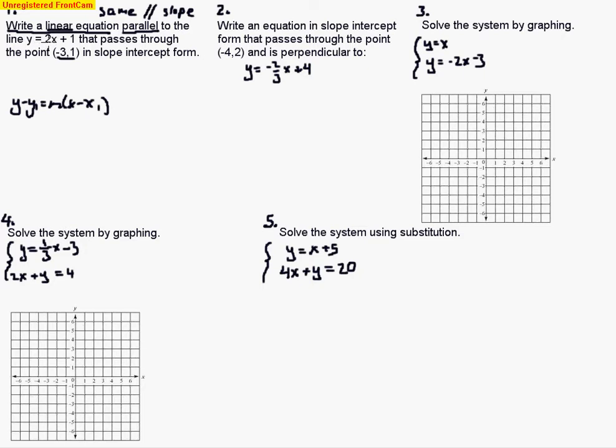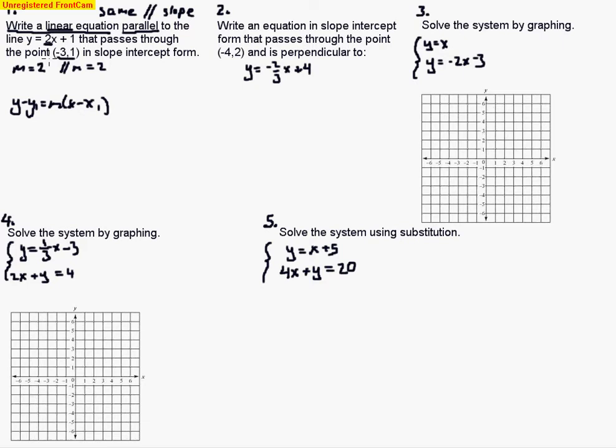The slope of that line is 2. So we're going to use 2 as our slope because, again, parallel lines have the same slope. So m equals 2 for this line. The slope is 2 for the line that we're given. The parallel slope, m stands for slope, equals the same number, 2.